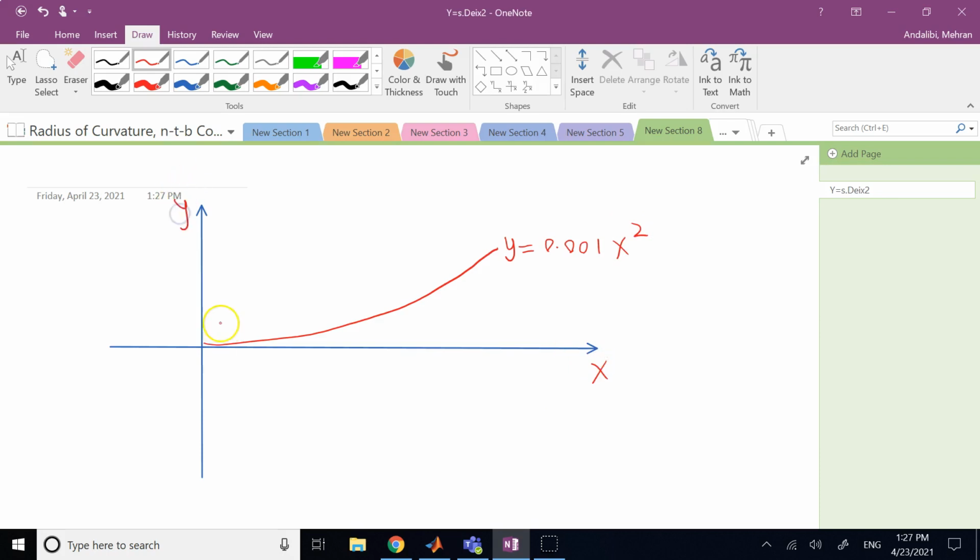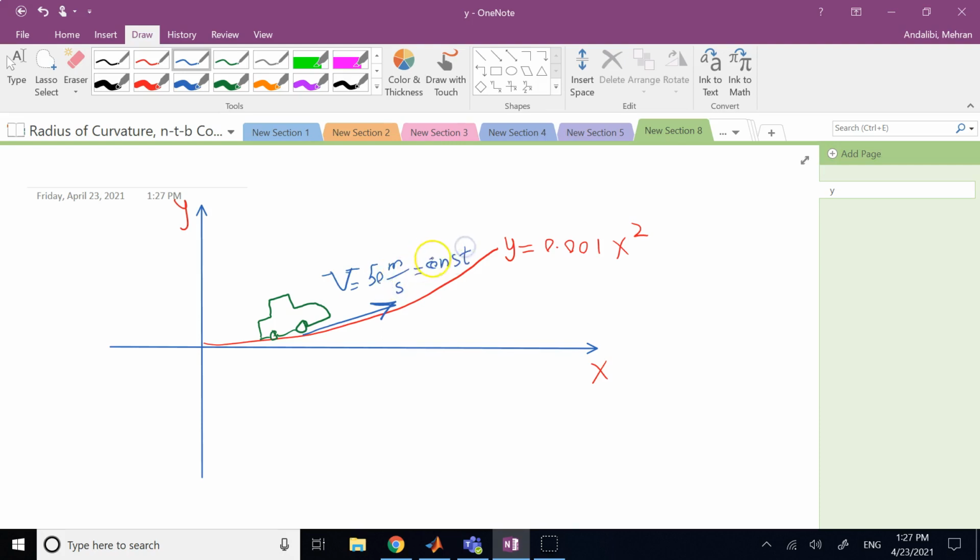You're driving along this road and the speed of your car at this point is, let's say, 50 meters per second, and it is constant.